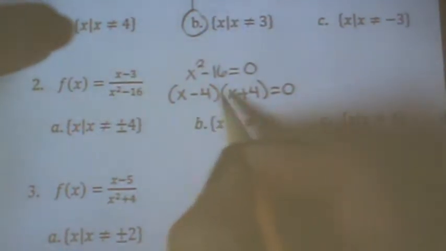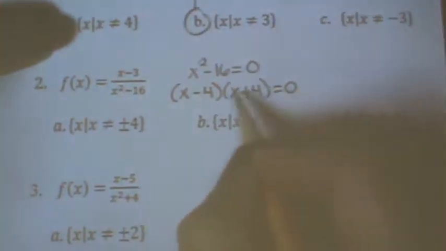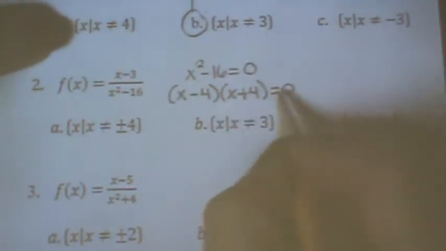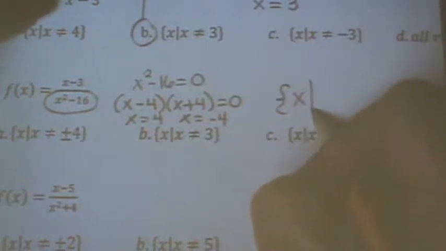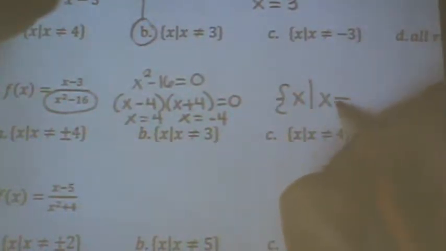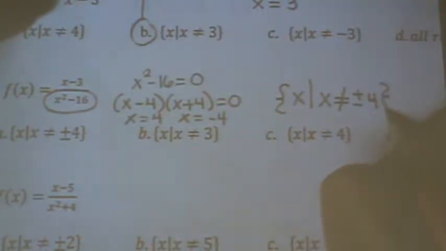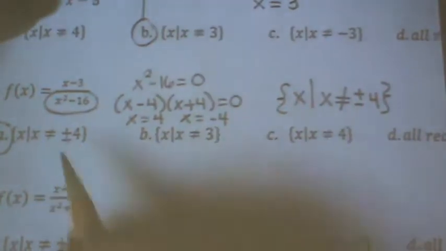And so the two numbers that would make this equal to 0 would be x equals 4 or x equals negative 4. So your domain would be all real numbers such that x cannot be plus or minus 4. So the correct answer would be A, just like that.